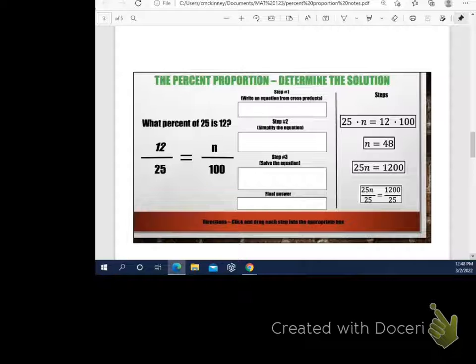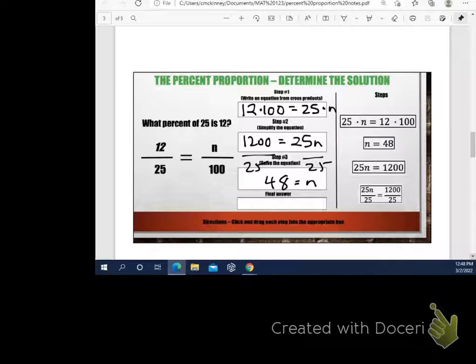When I cross multiply, I usually start at the top left, but if you want to have your variable on the left, that's okay too. So 1200 is 25n, and then when we divide both sides by 25, we get 48.